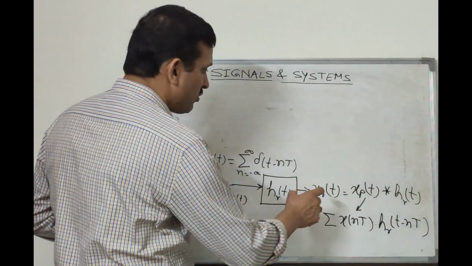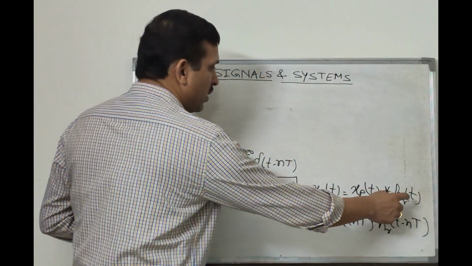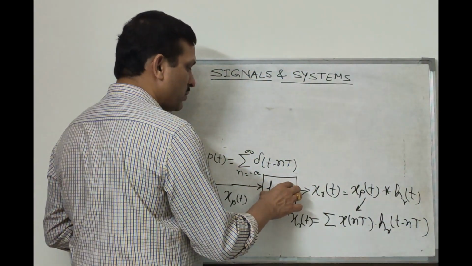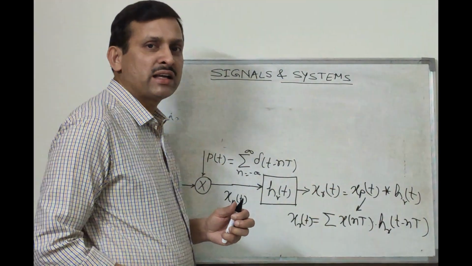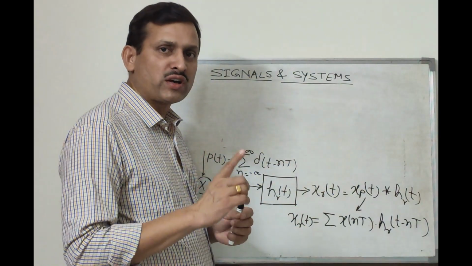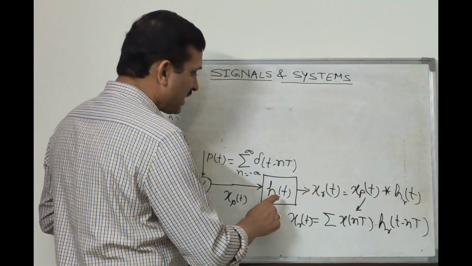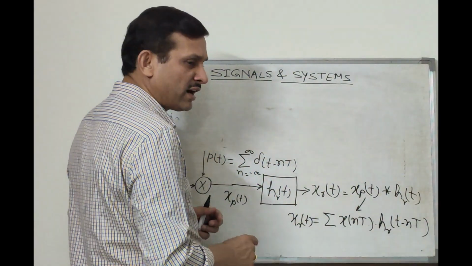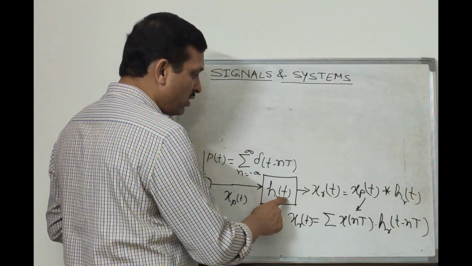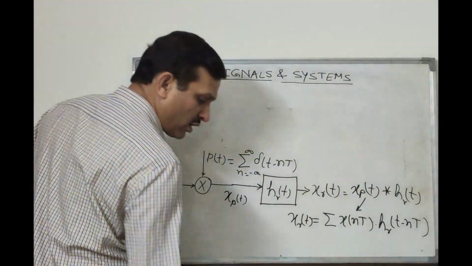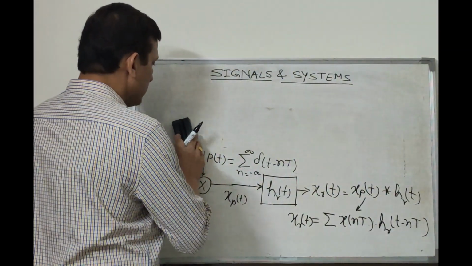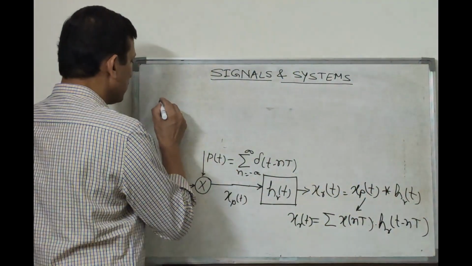That means what will this reconstructed signal be? Now it will depend on what filter we have used. If we are using zero order hold, then the output we are getting is a staircase approximation, not exactly x(t). Then we can use some better interpolation filter. Instead of zero order hold, we can use higher order hold for a better approximation of the reconstructed signal as compared to x(t).